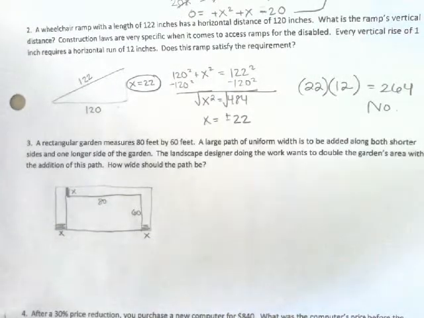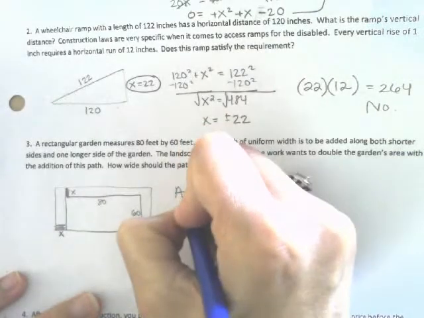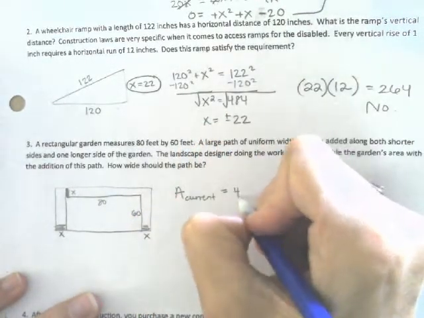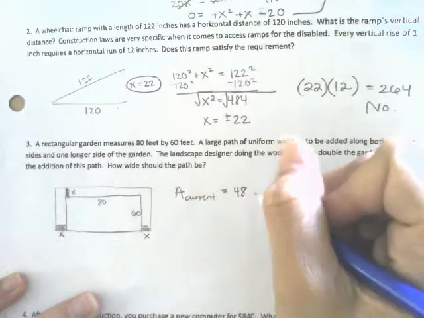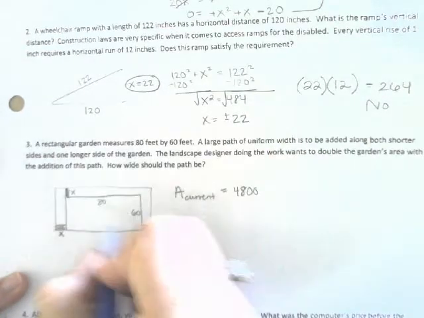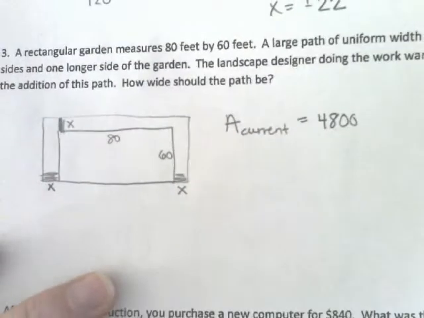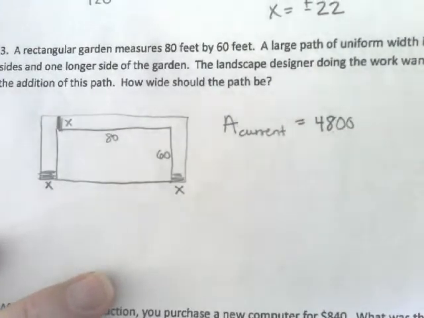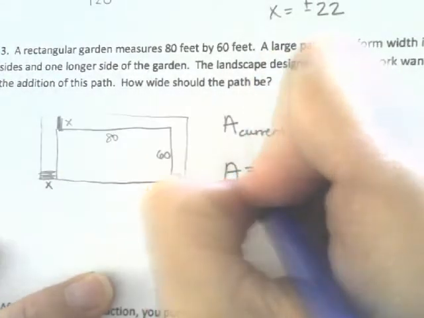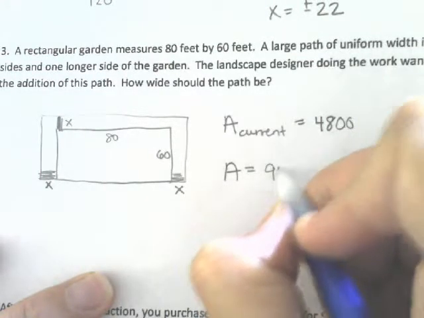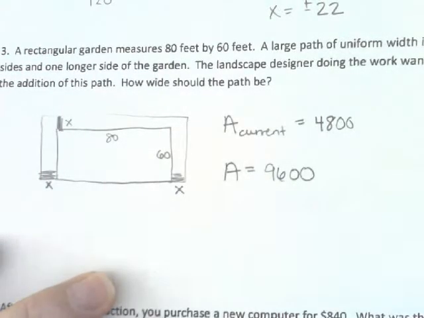So what is the current area? What is it? 4,800, right? 6 times 8 is 48, add your 2 zeros. So there's the current area. He wants the area to be double. So what does he want the area to be? 48 twice is 96.